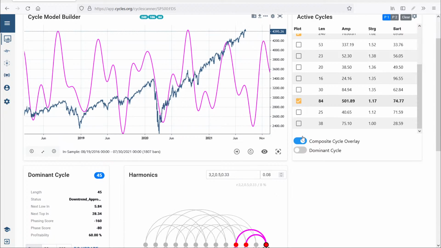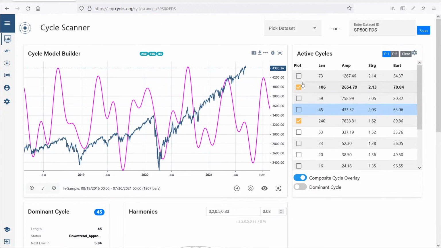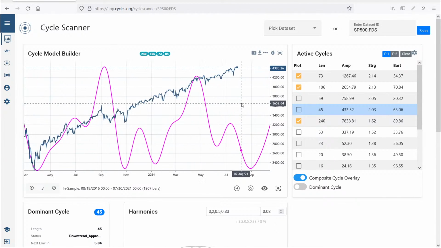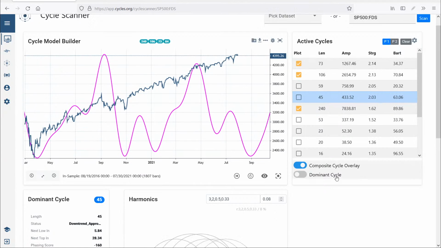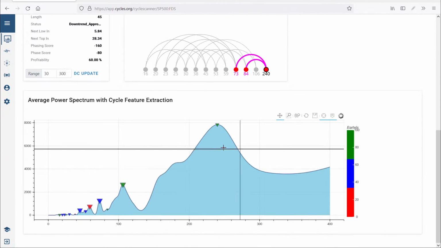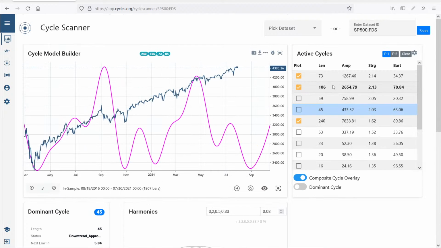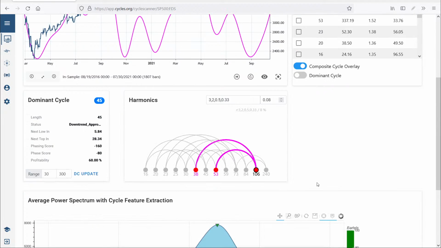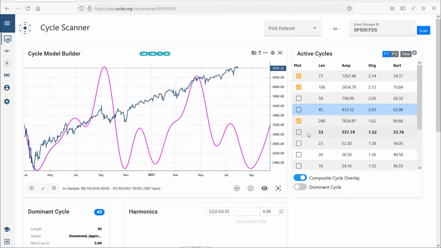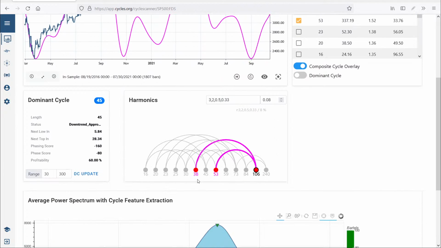So we have now added the two important harmonic cycles related to the longer one. And the second important one was the one with a length of 106. So let's see what is the harmonic relation to the 106. It's 53, this one here, and 38.